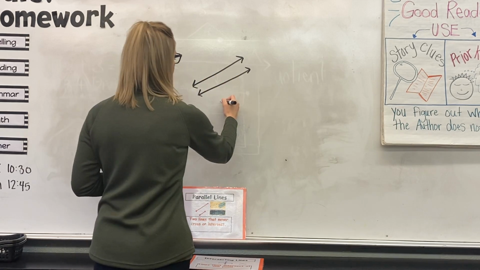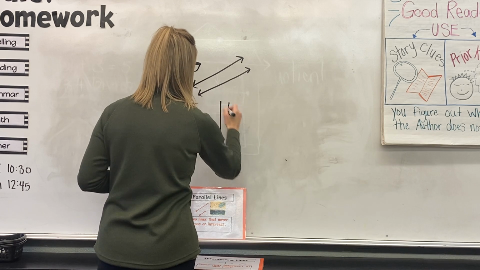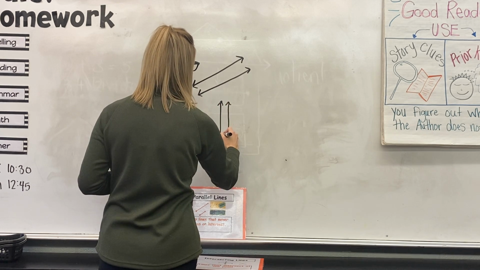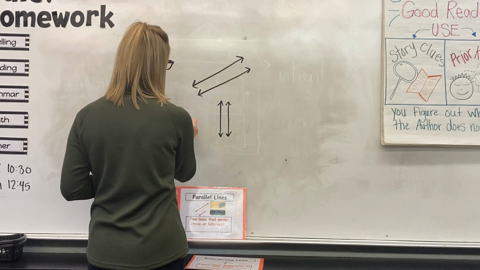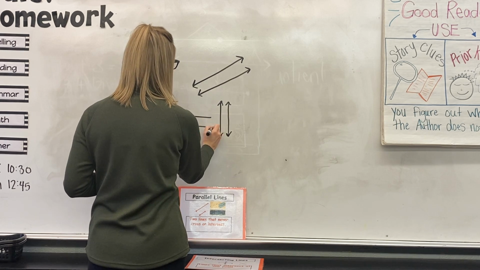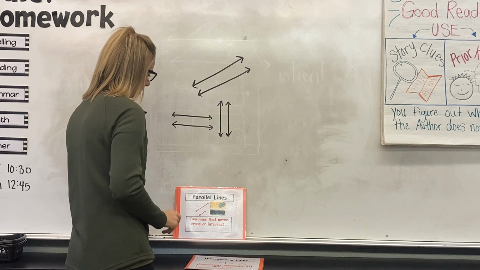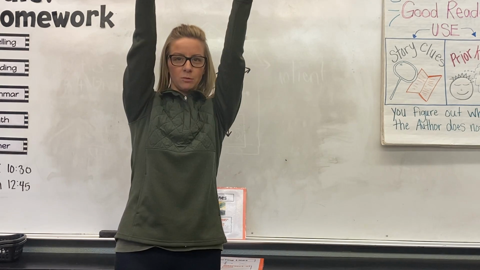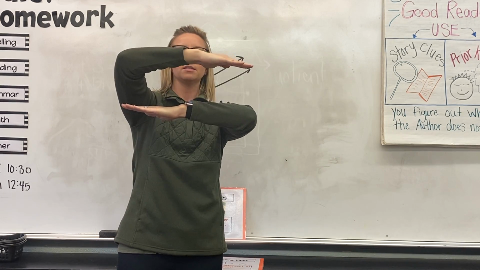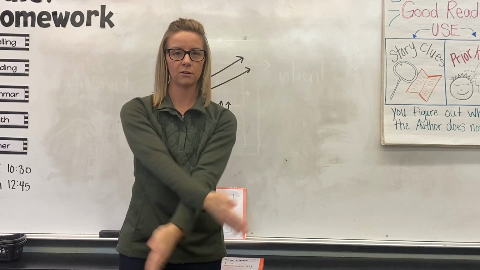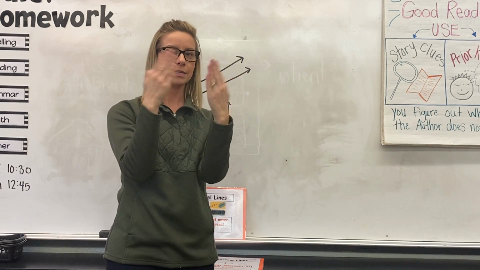So they're lines that never ever intersect, meaning they never cross one another. Those are parallel lines, and they can go diagonal, they can go vertical, they can go horizontal. Our motion for parallel lines: arms all the way up, or down, but they're never going to cross. Keep your hands out to make arrows.